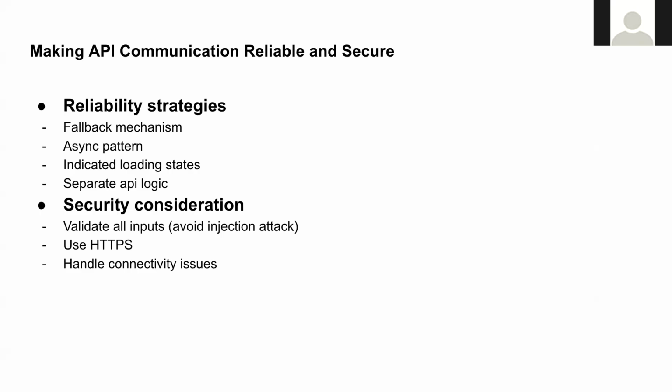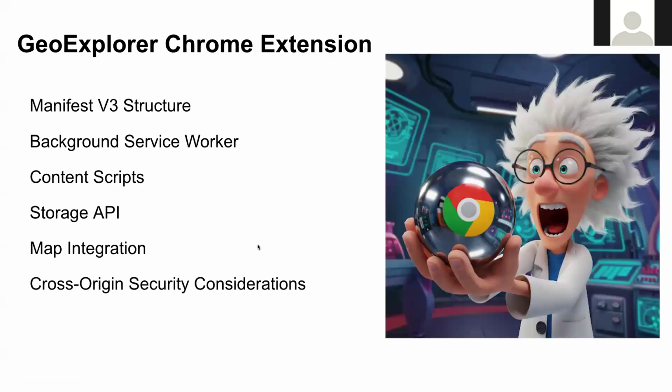You can search for Let's Encrypt and use them. You should also handle connectivity issues, like when you're not able to reach the API for any reason, and that is also a good way to have reliable API communication.